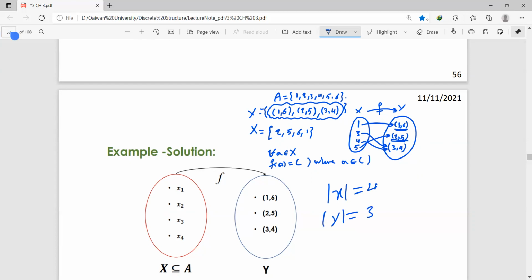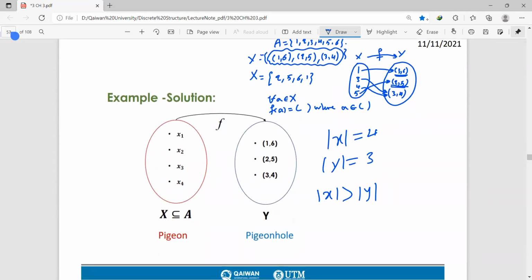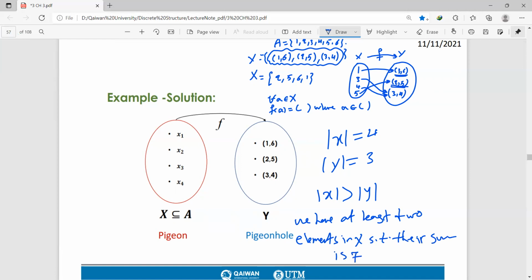You have 3 elements in Y and you have 4 elements in X. Since the cardinality of X is greater than the cardinality of Y, we have at least 2 elements in X such that their sum is 7. That's all. So this is the answer.